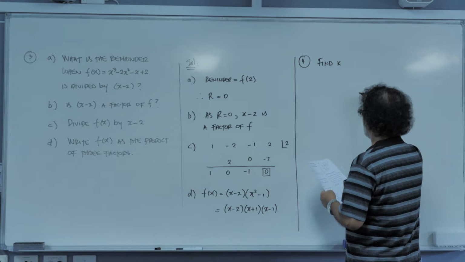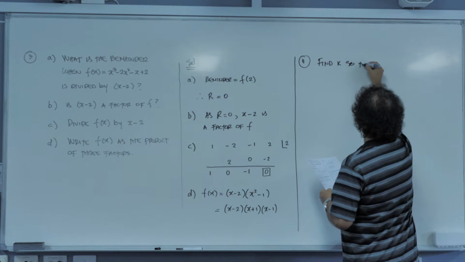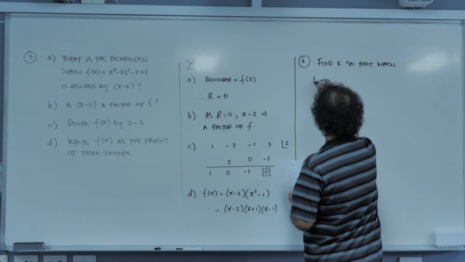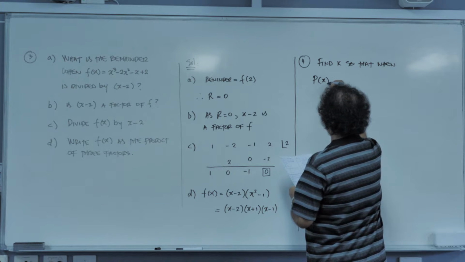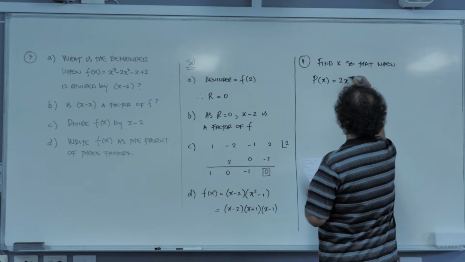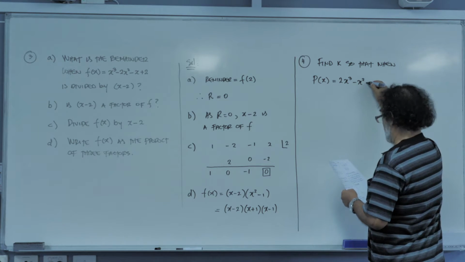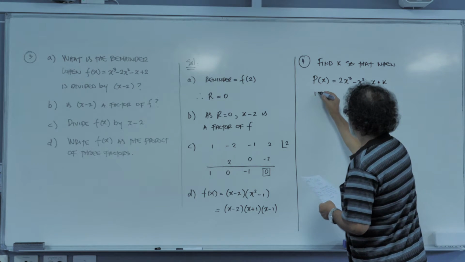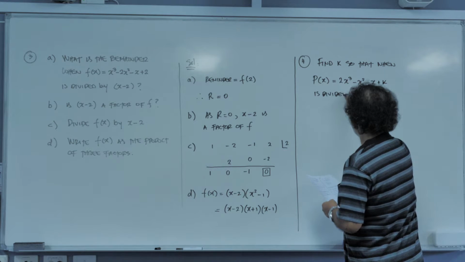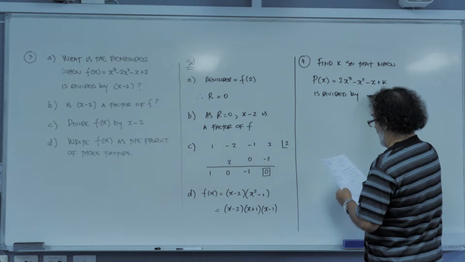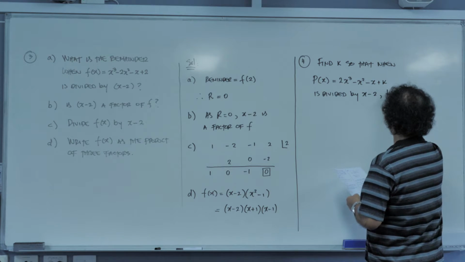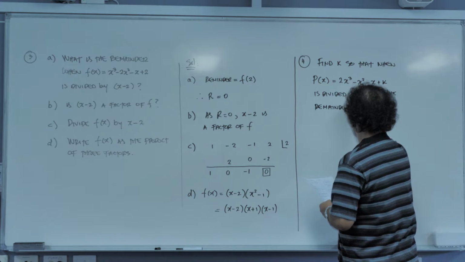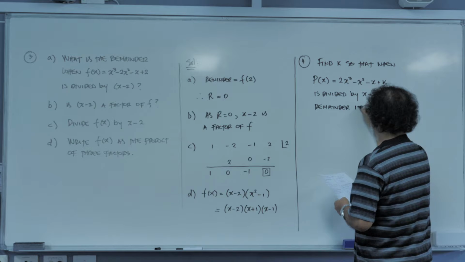They say that you've got to find k, so that when this polynomial p of x equal to 2x cubed minus x squared minus x plus k is divided by x minus 2, the remainder is 0.